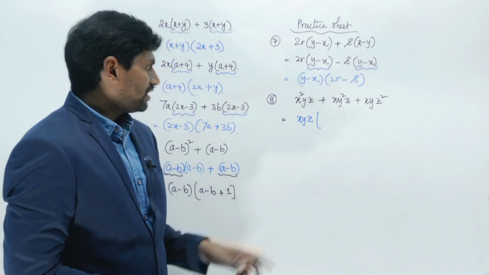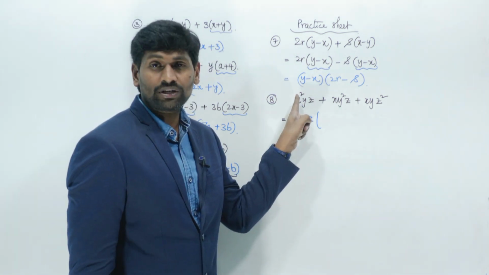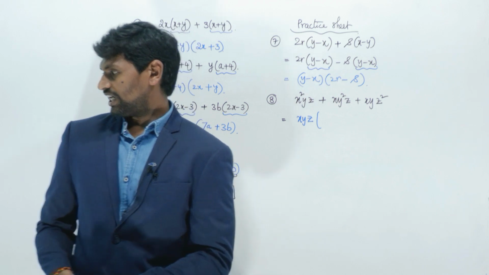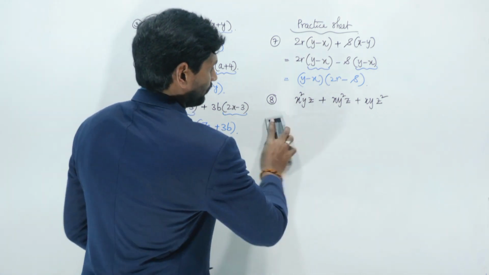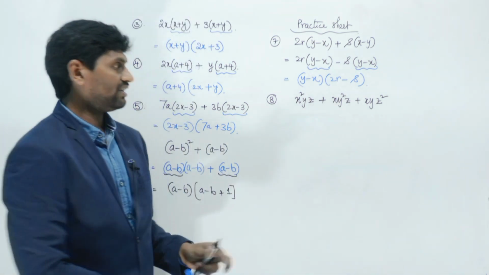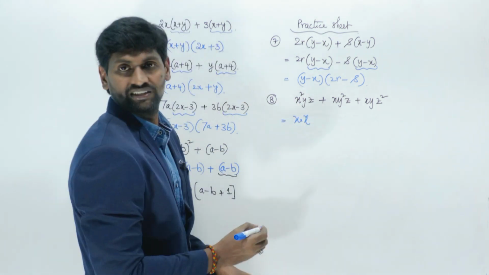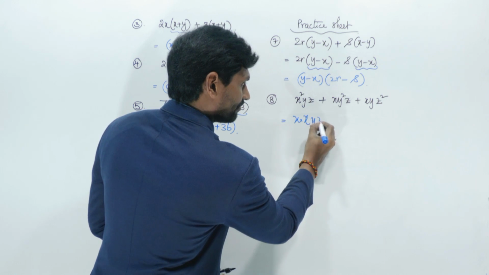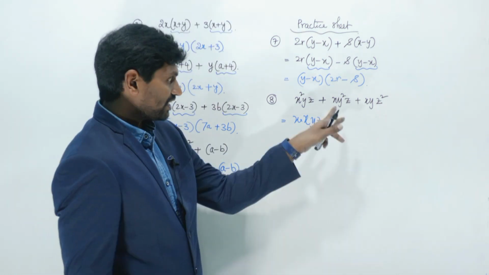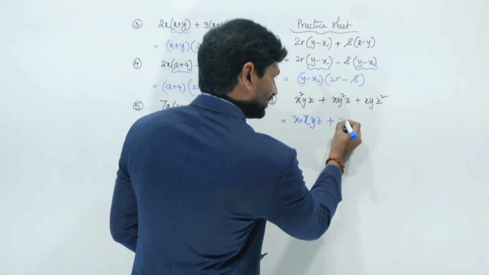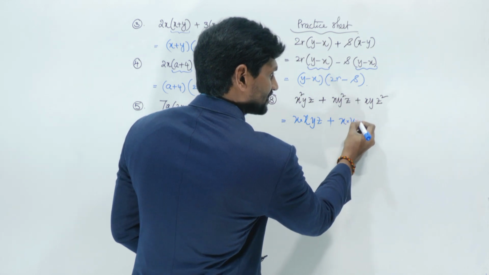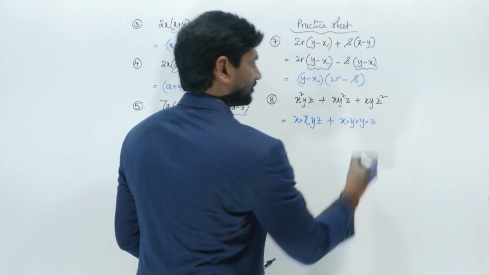Now see here x square. X square means x into x. Let me write one more step here. X square I am going to write as x into x, and yz is the same. And here also x, y square z: x into y square, we can write as y into y into z.